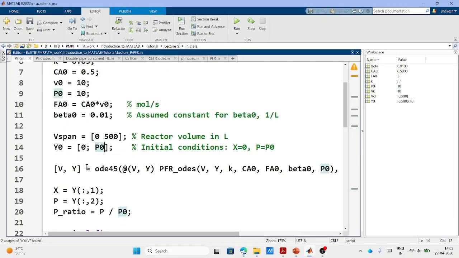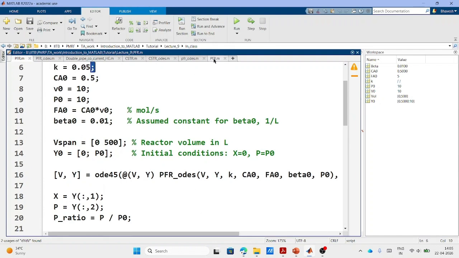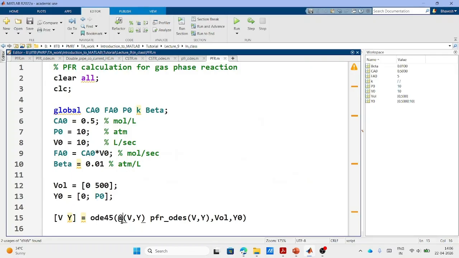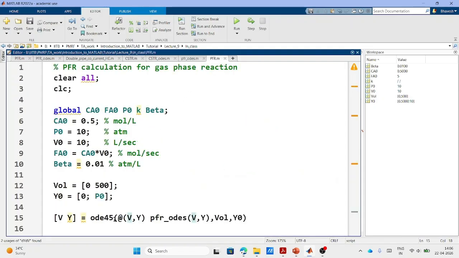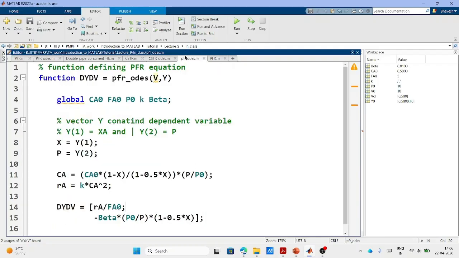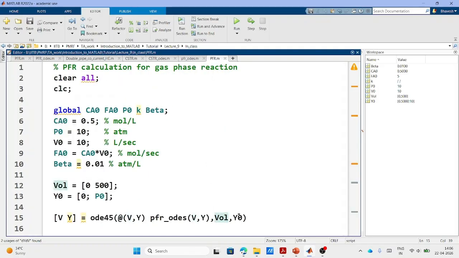Then you are calling V Y, which is calling the ordinary differential function PFRODs by the span and y0 value, volume and y0.